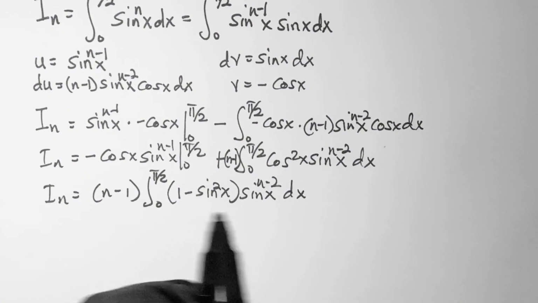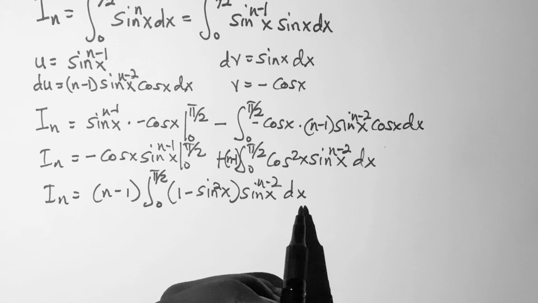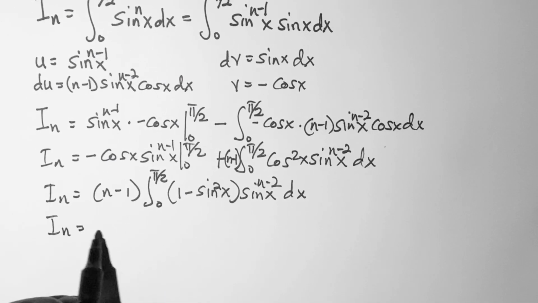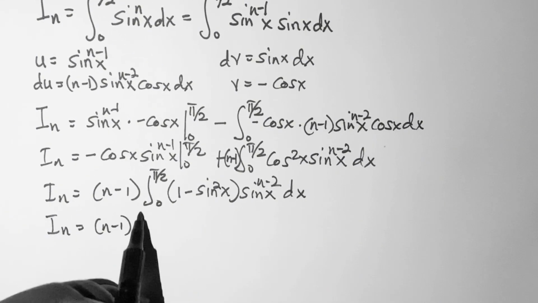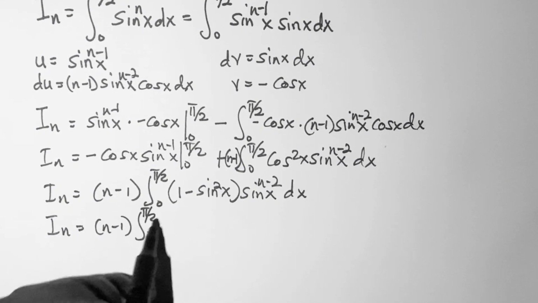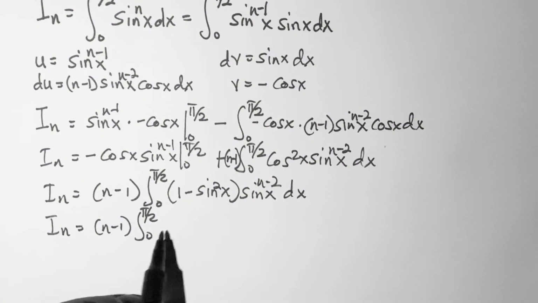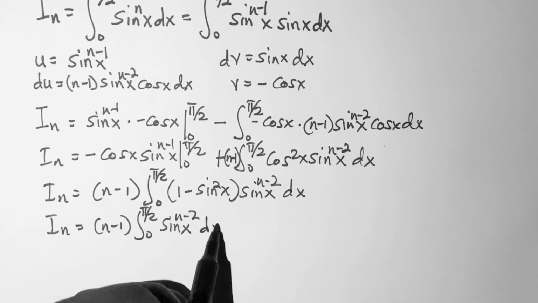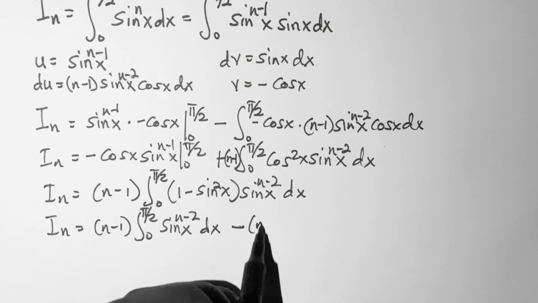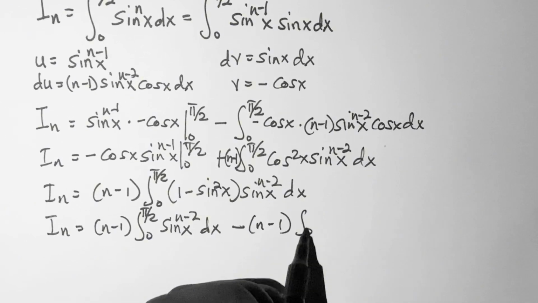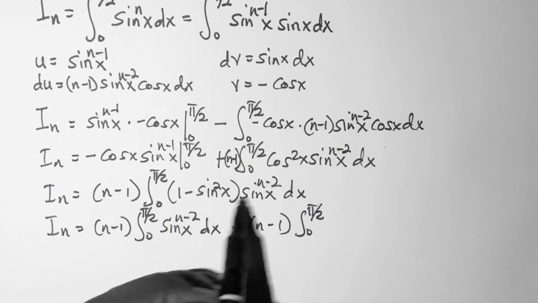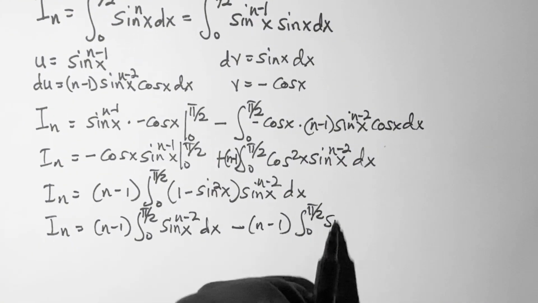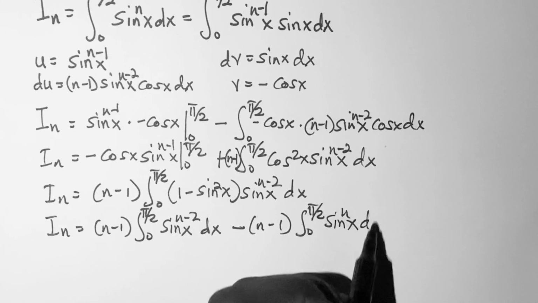So what we'll do in this case is break this integral into 2. So I of n is equal to n minus 1 times the integral of 0 to pi on 2 of 1 times sine x exponent n minus 2, which is the same as sine x exponent n minus 2 dx, then minus n minus 1 times the integral of 0 to pi on 2 of sine x exponent n minus 2 times sine squared x, which gives us sine x exponent n dx.